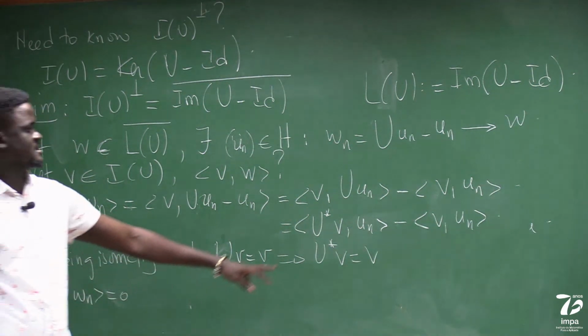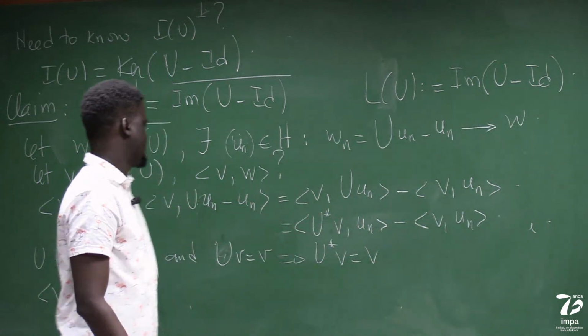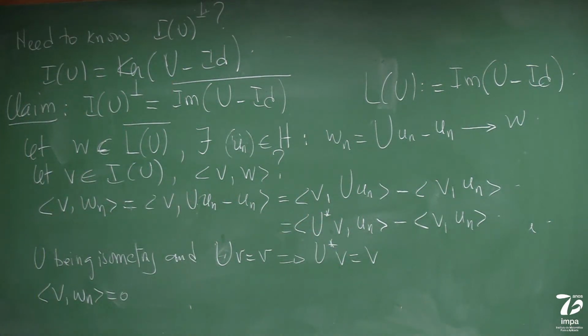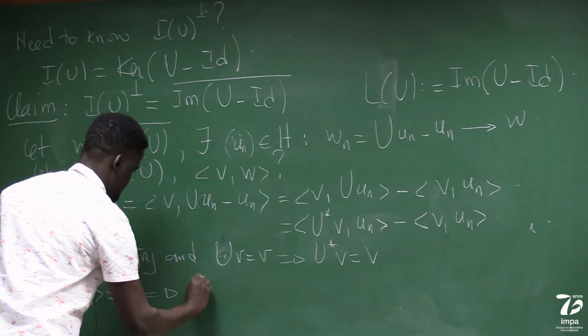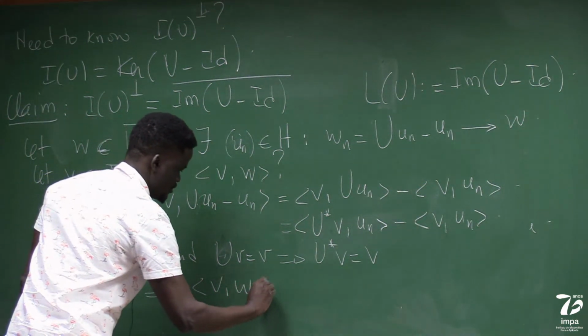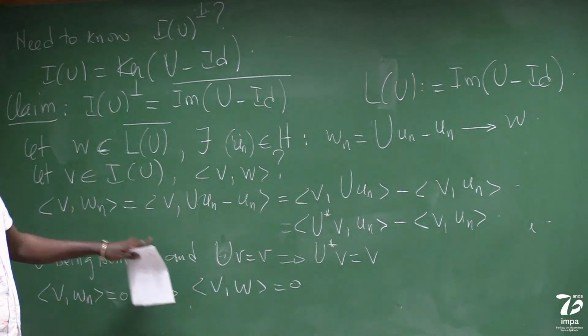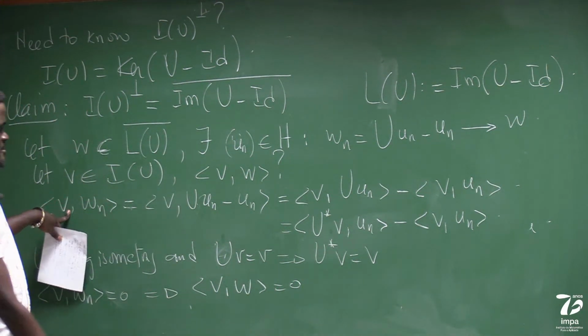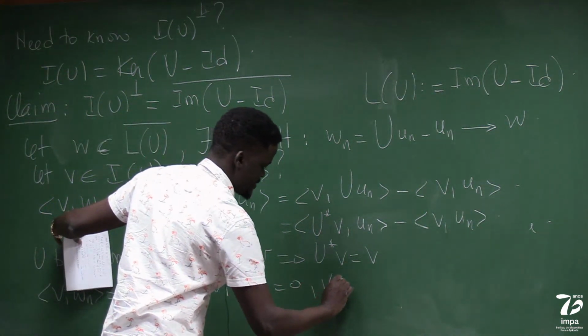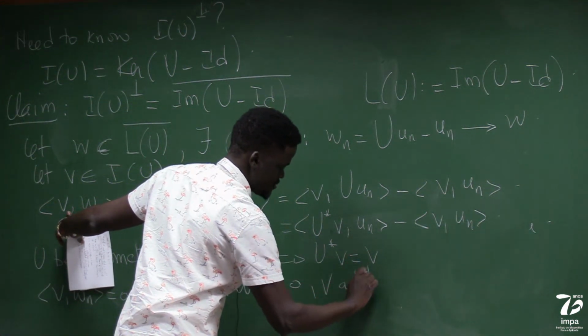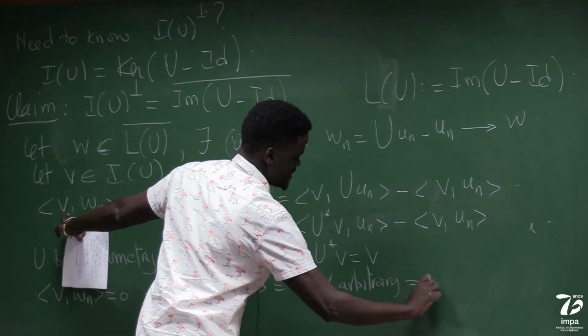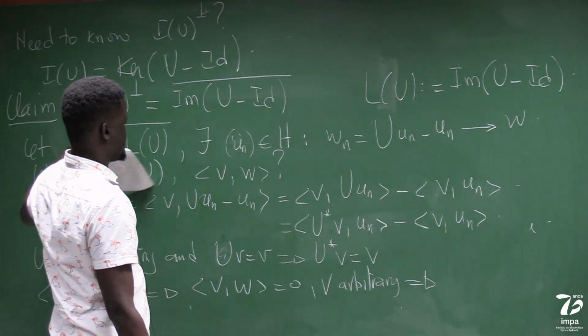Because this is v, this is 0, and then you go to the limit, so this implies that <v, w> equals 0, and v was arbitrary, so this implies that w is in I_U orthogonal.